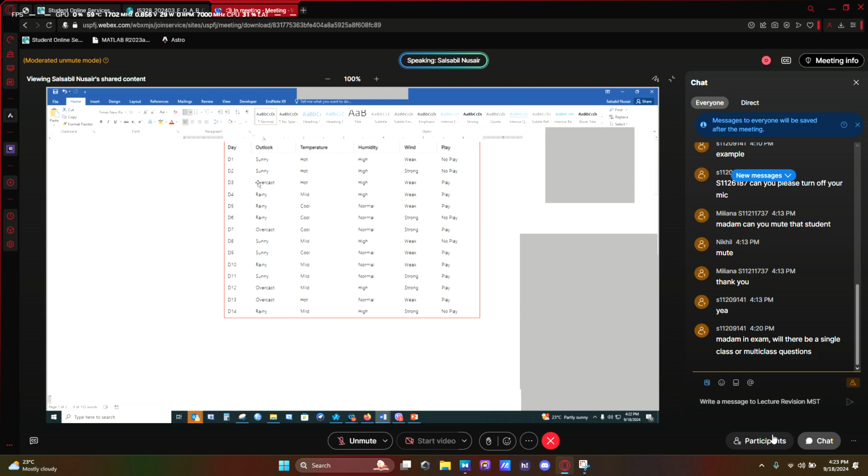Overcast appears in record 3, output is play. Overcast appears in record 7, also output is play. It also appears in 12 and 13 with the output also being play. So to make a rule, I would simply say if Outlook is equal to overcast, your output class will always be play.